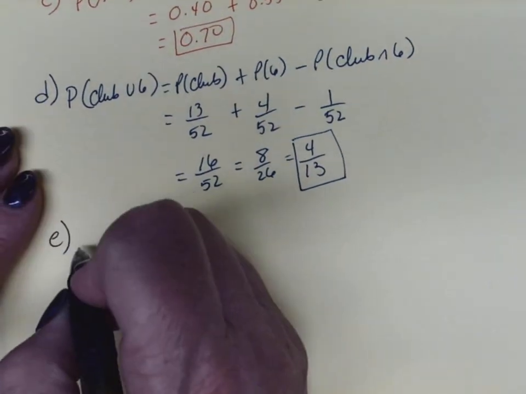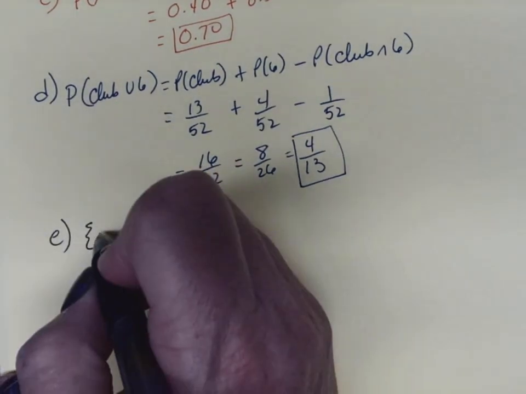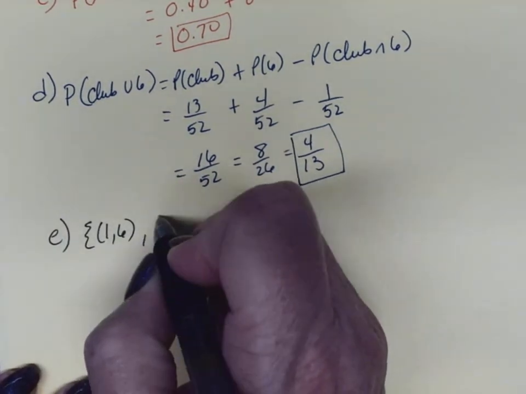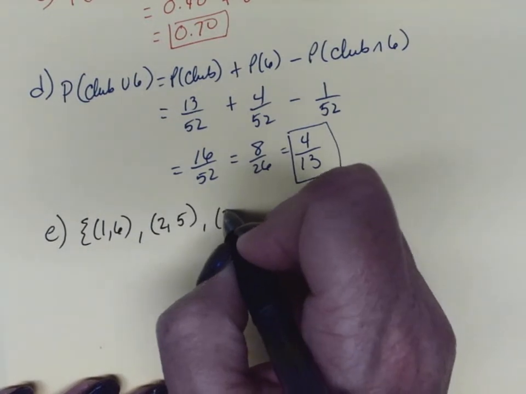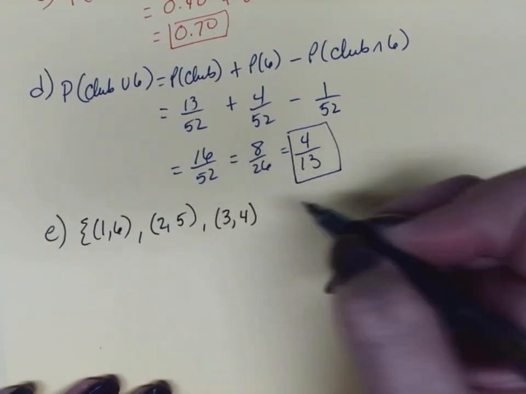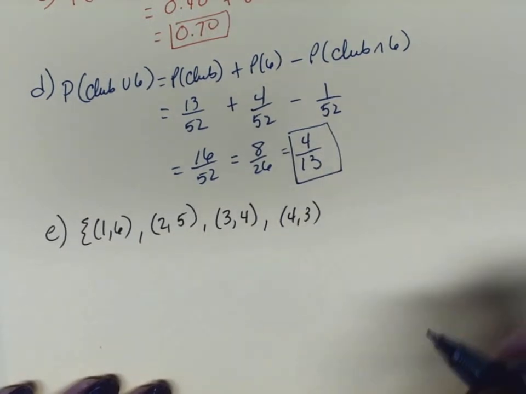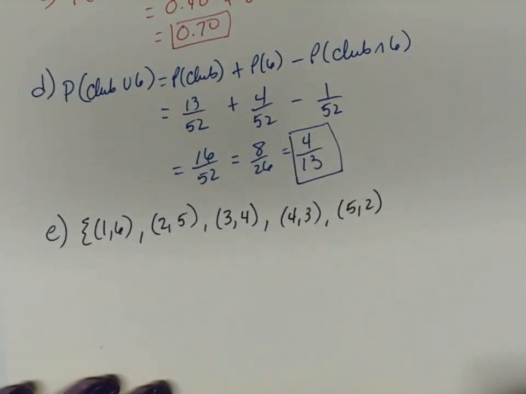All right, so let's find the set first that will add up to be 7. I could have a 1 and a 6 to get to 7. If I rolled a 2, I'd have to roll a 5. If I rolled a 3, I'd have to get a 4. If I rolled a 4, I'd have to have a 3. If I roll a 5, then I need a 2.